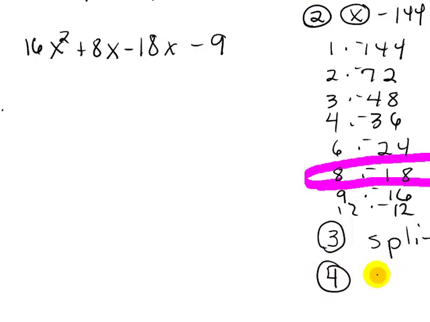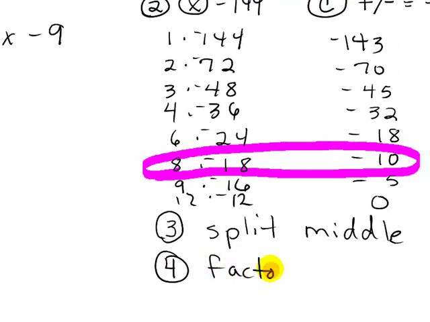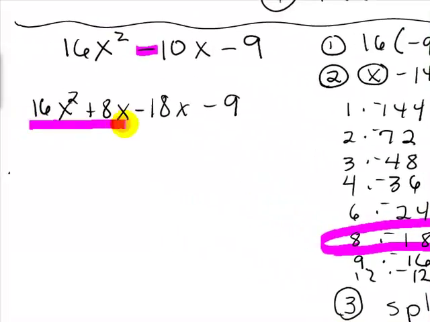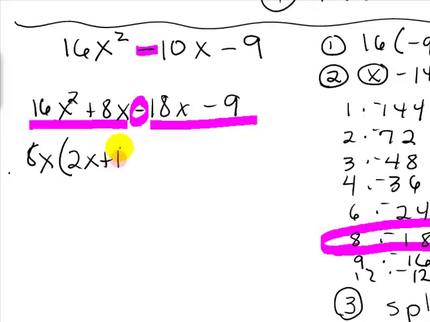Step 4, factor by grouping. Underline, underline, circle. What do they have in common? 8x, 2x plus 1.